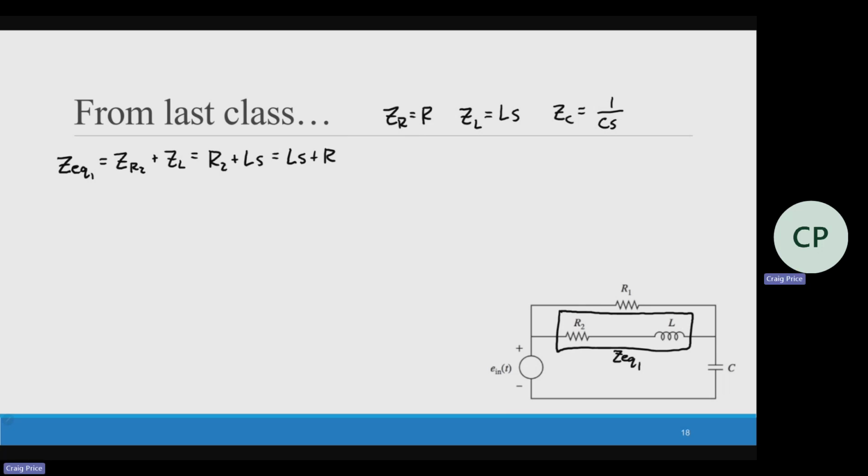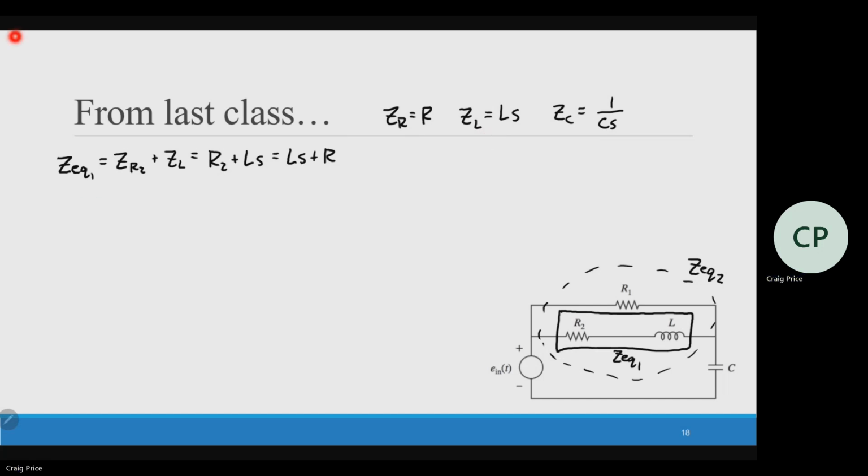How you feeling? Series, not too bad. All right. The next step is I want to combine all of this into Z equivalent 2. And now I'm working with parallel.